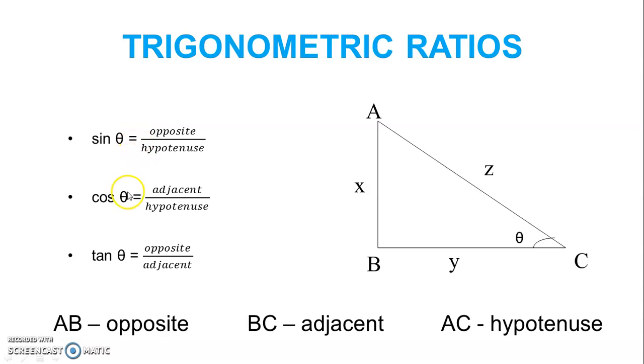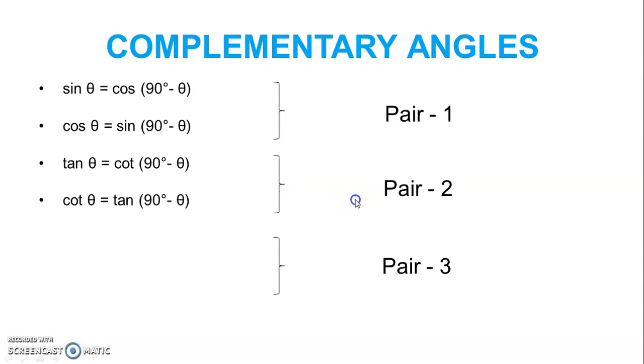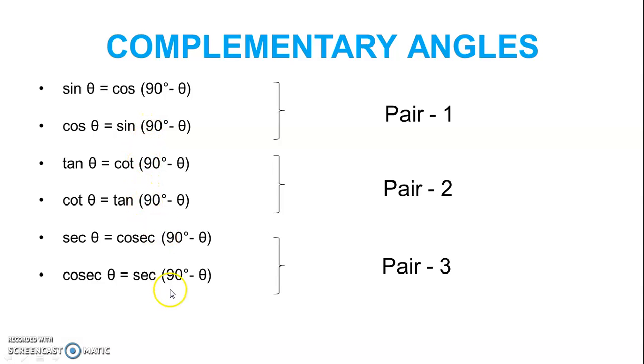It is sin theta, cos theta and tan theta, and these 3 complementary angle pairs, that is sin cos pair, tan cot pair, secant cosecant pair. So you have to memorize only 3 trigonometric ratios and these 3 complementary angle pairs only to learn 13 trigonometric identities.